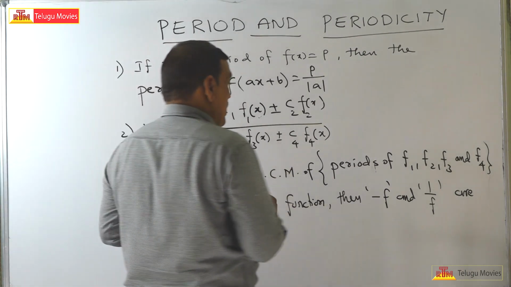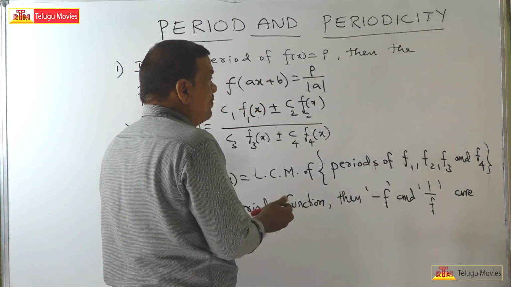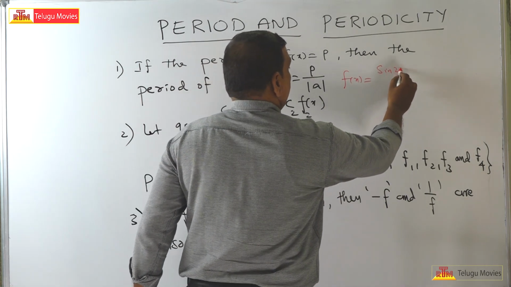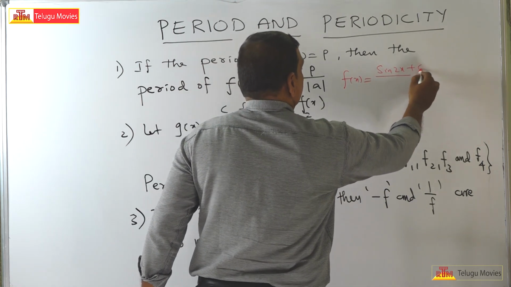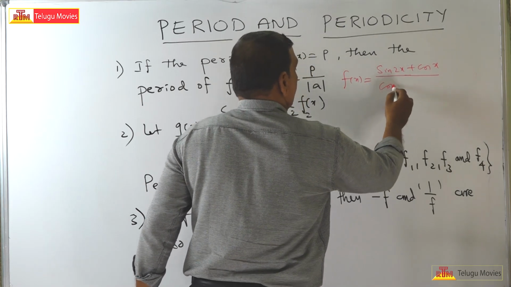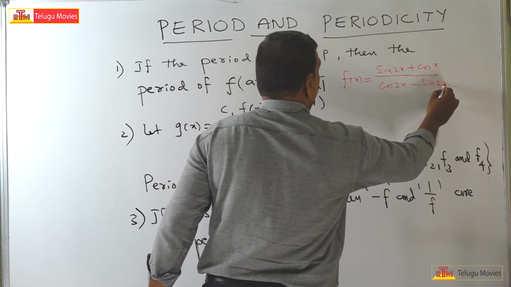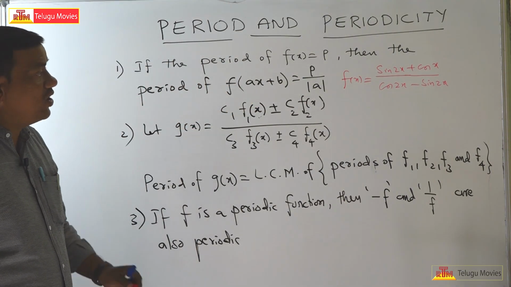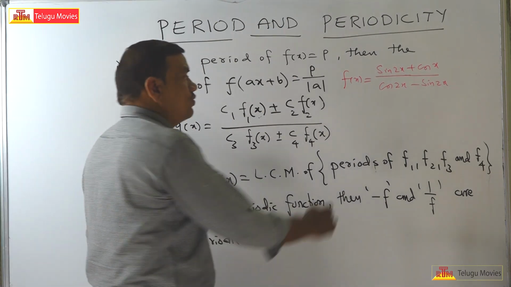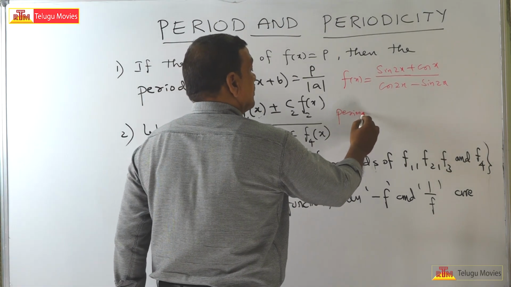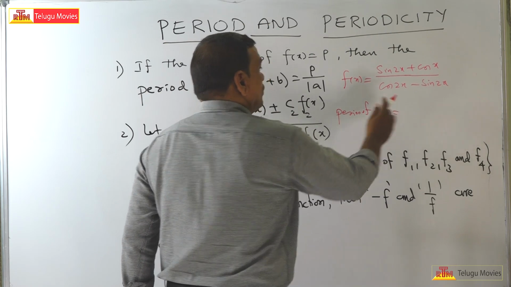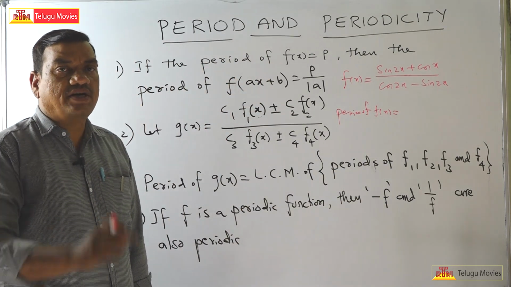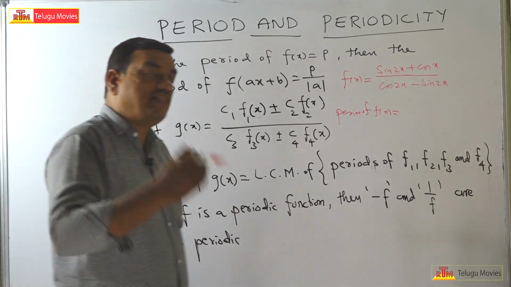For example, you are given one function like this: f of x is equal to sin 2x plus cos x upon cos 2x minus sin 2x. If you want to find the period of that function f of x, find the periods of each and every function and take their LCM.